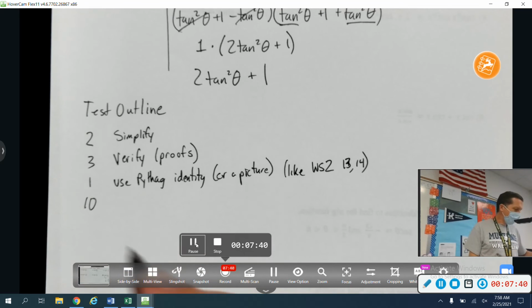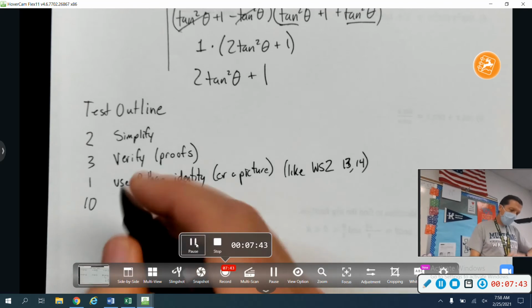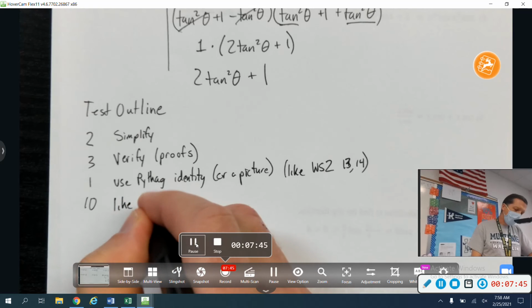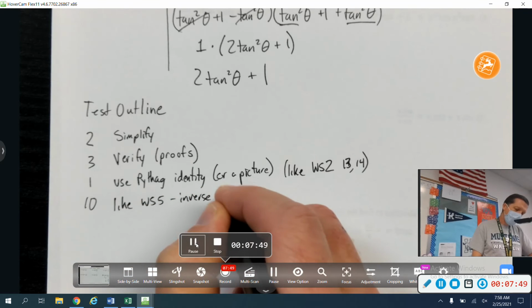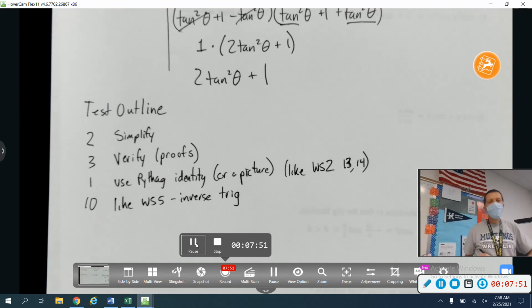And then there's 10 that are, let's just say, like worksheet 5. The inverse trig stuff, where some are unit circle and some are picture.